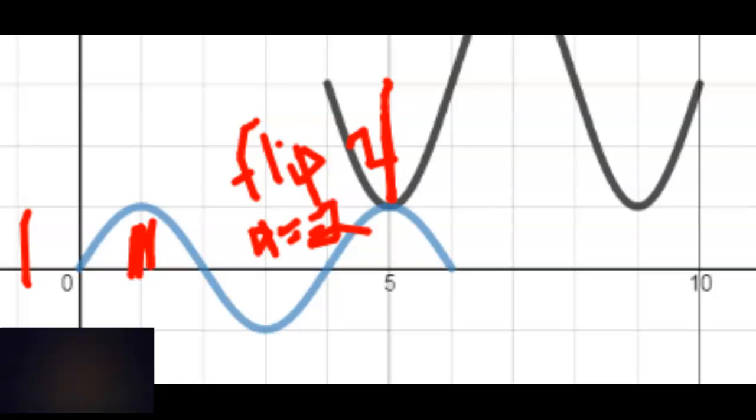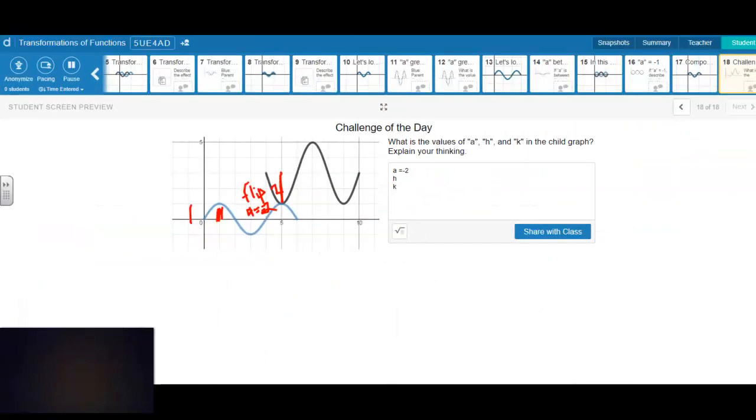Let's go back. And H, did we move it sideways at all? Yes, we did. We went from here to here, so it's 4: 1, 2, 3, 4, the endpoints. I'm talking about this point right here and this point right here.